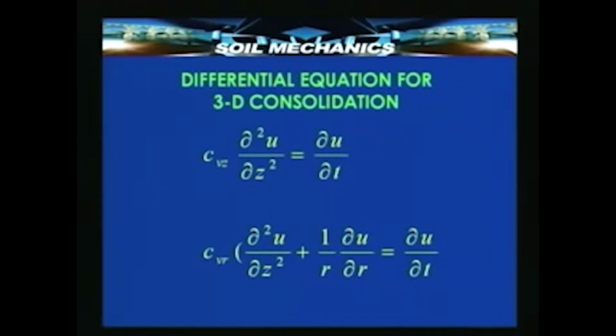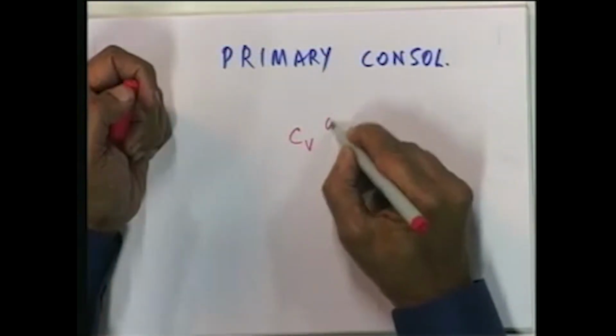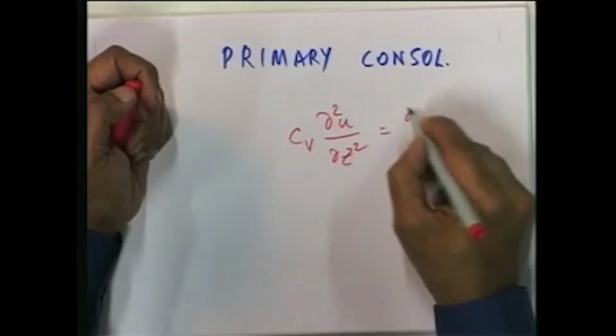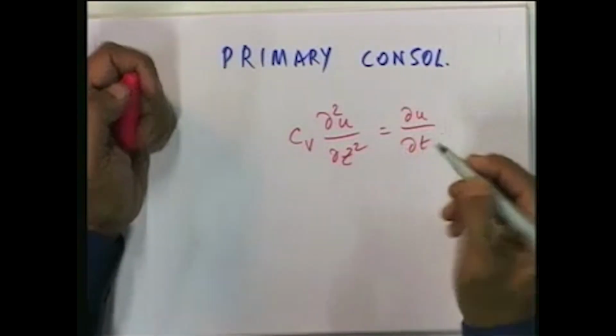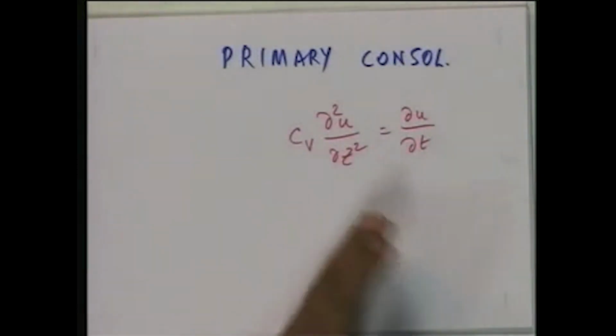We had seen in great detail the derivation of the consolidation equation Cv del squared u by del z squared equal to del u by del t. This is the so called consolidation equation or the diffusion equation for 1-dimensional phenomenon, and we solved this using the theory of differential equations and got expressions for excess hydrostatic pressure.